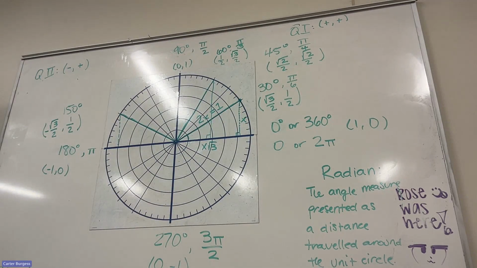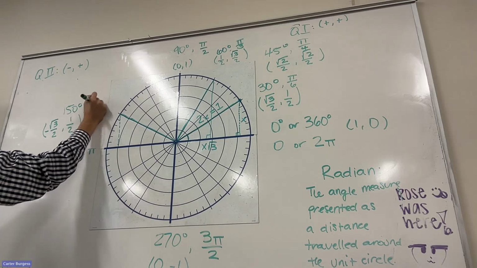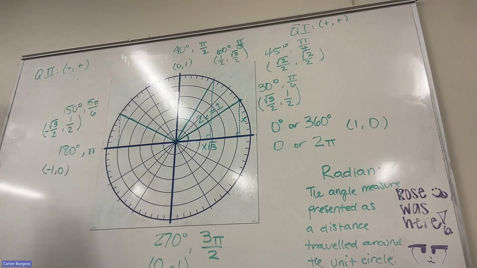What is pi minus pi/6? Well, in terms of 6, how many sixths could we represent pi as? Absolutely right. So pi would be like 6 pi/6. And if we are 1 pi/6 short, we would be at 5 pi/6.